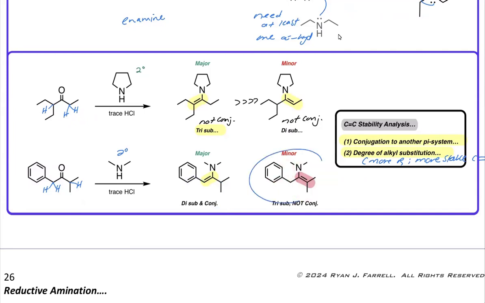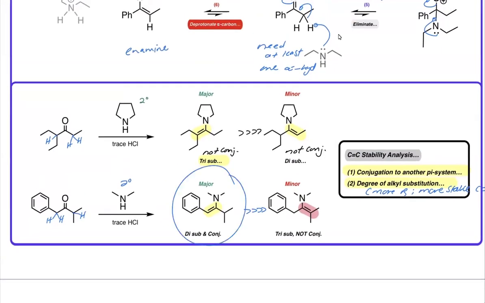It is not alternating with the pi bonds of the benzene ring, so it's not conjugated, but is tri-substituted. I would much rather form my conjugated product than my non-conjugated product. That's why in our stability analysis, we prioritize conjugation first and foremost. You would rather form a di-substituted conjugated outcome than an outcome that's more substituted but not conjugated. Okay, that's really key. We prefer conjugation over not having conjugation.